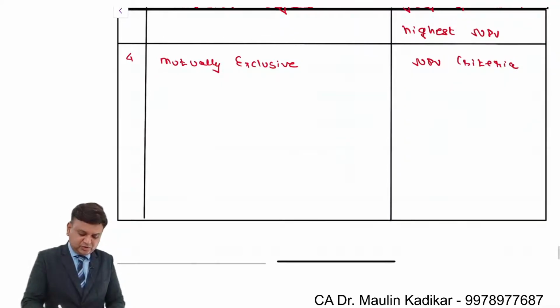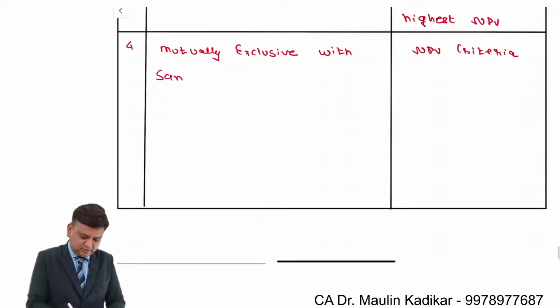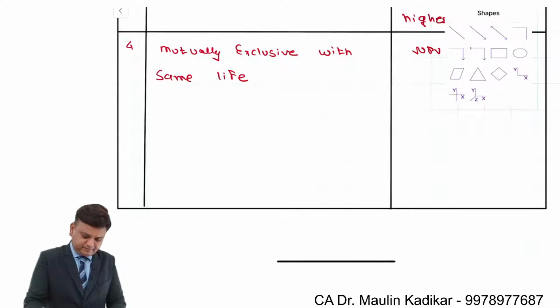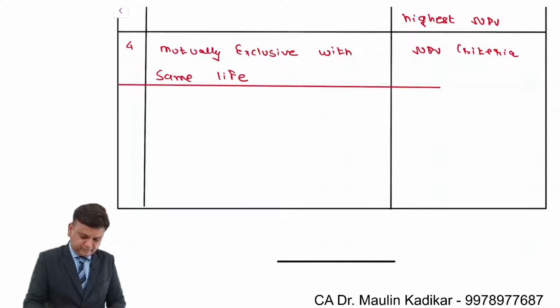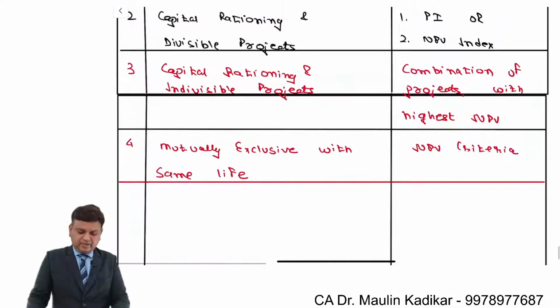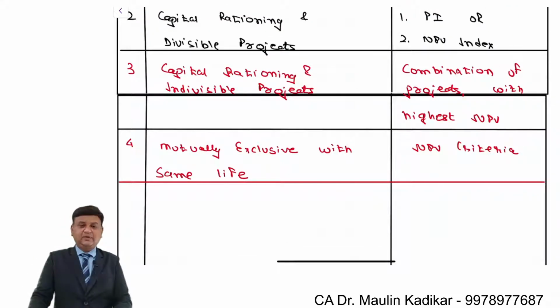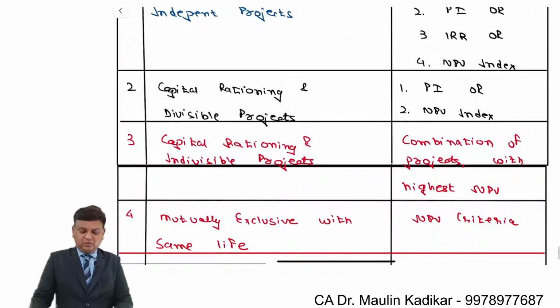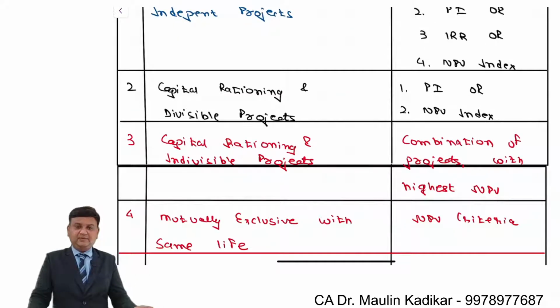Precisely, mutually exclusive with same life. Mutually exclusive with the same life, NPV criteria. Going with the IRR criteria or PI criteria or NPV index criteria would be misleading. So we have to go with the NPV criteria.